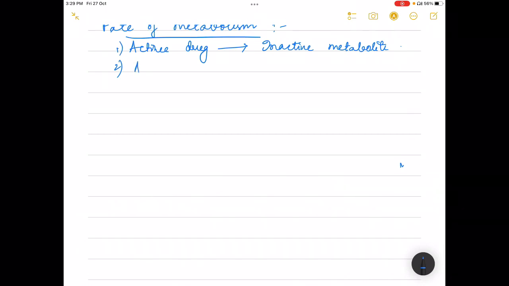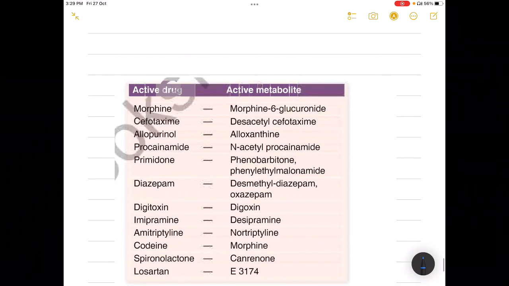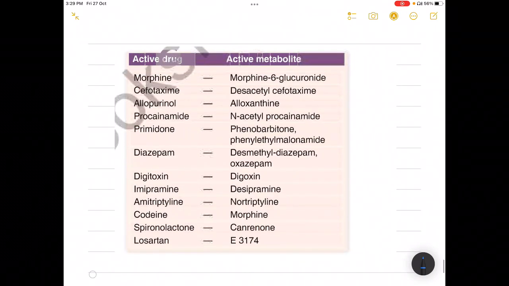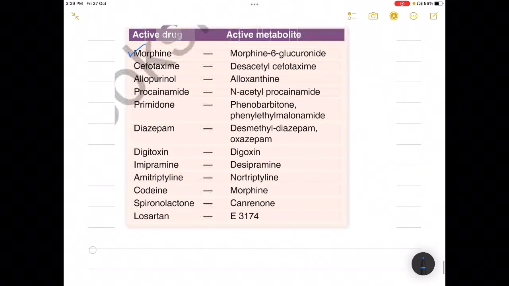Second is the active drug can be converted into the active metabolite. For example, in this table it is given morphine is converted into morphine 6-glucuronide.